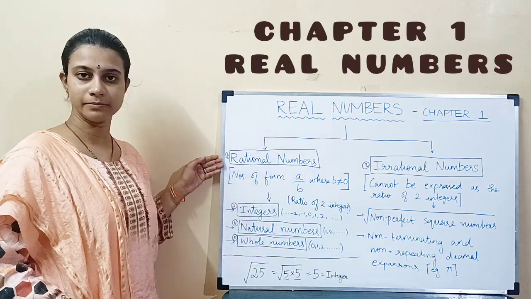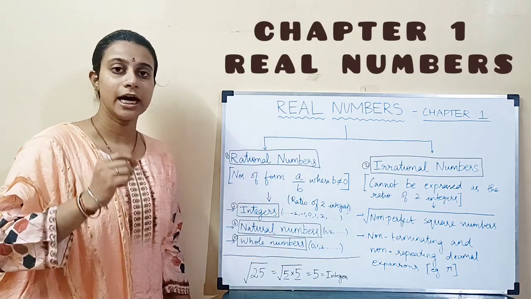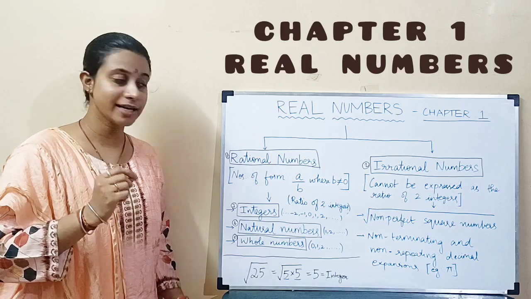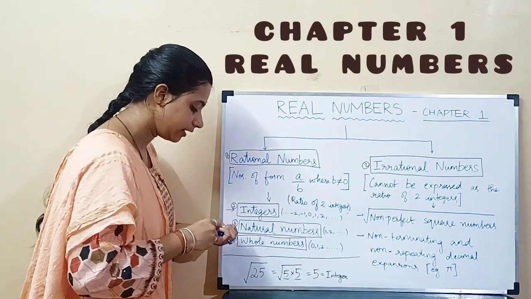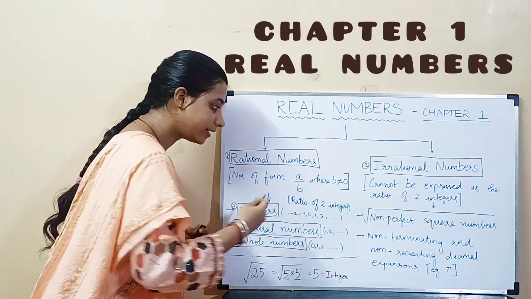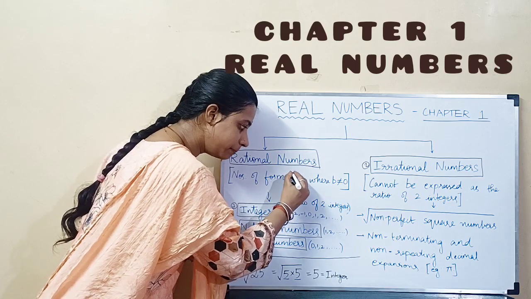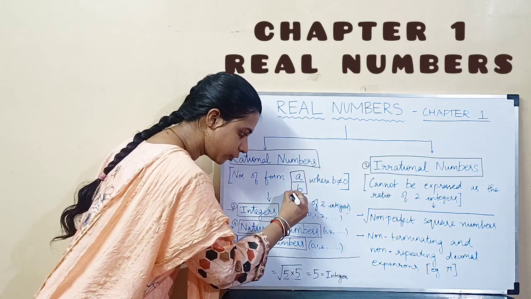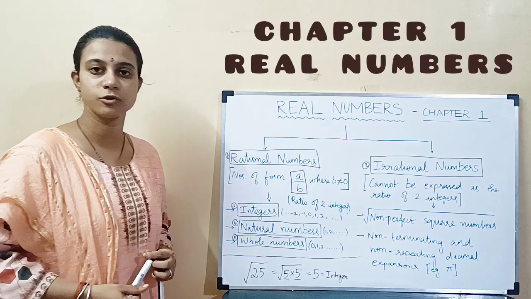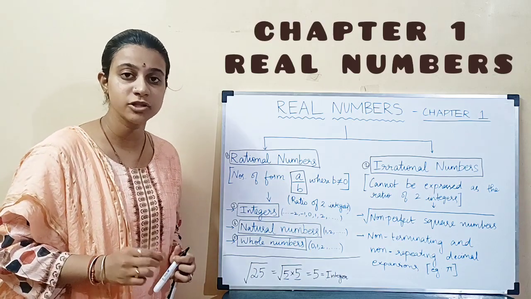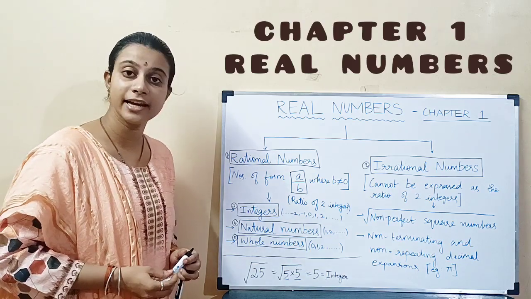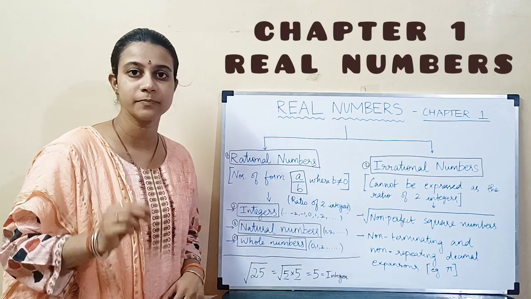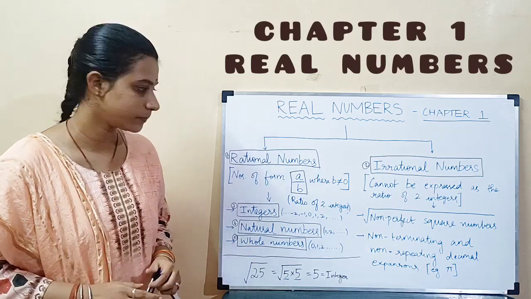Coming to the rational numbers, we can say a number which can be expressed in the form of a by b, where the denominator b is not equal to 0. Or in other words, a number which can be expressed as the ratio of two integers is called a rational number.